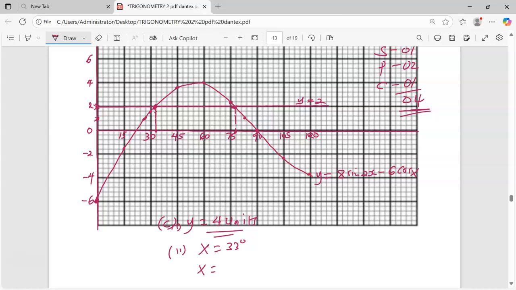And the other one will be around 75 point. We have 75 plus 3, which will give us 78 degrees. And of course, remember, we might be given an allowance of plus or minus around 0.5, such that we are within the given range.